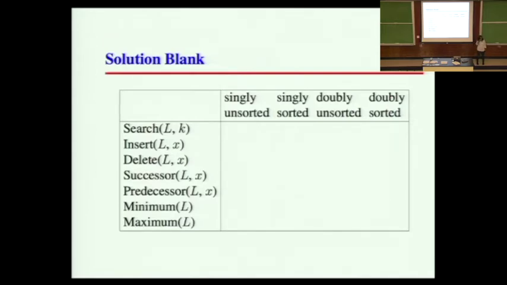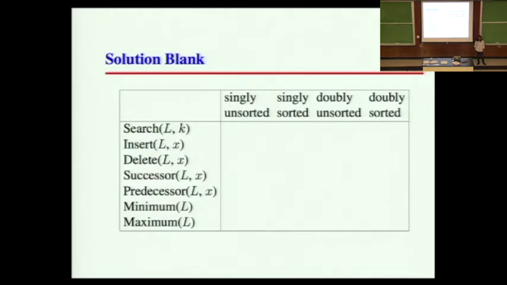Any questions why a sorted, doubly linked list would have a linear search cost? Even though it's sorted and you have back pointers, you still have to go through the entire list because your element could be anywhere. You have to go to the right place and retrieve the value at that place, and you might have to traverse the entire list.